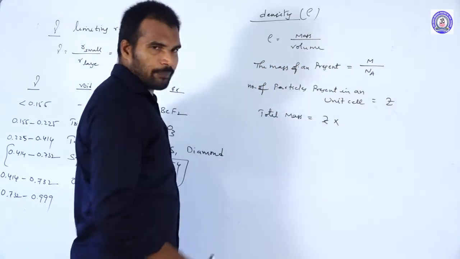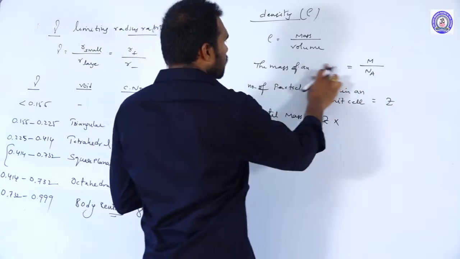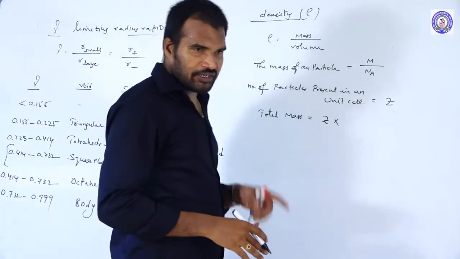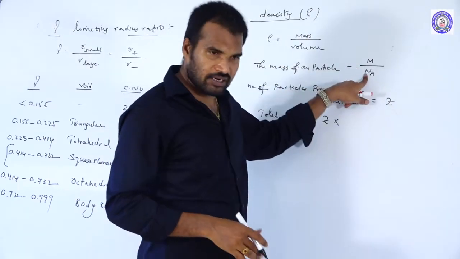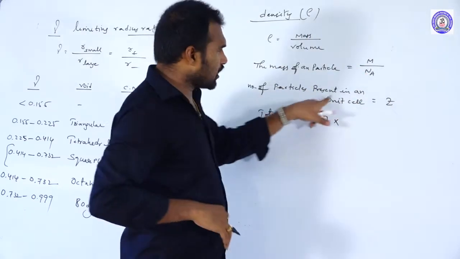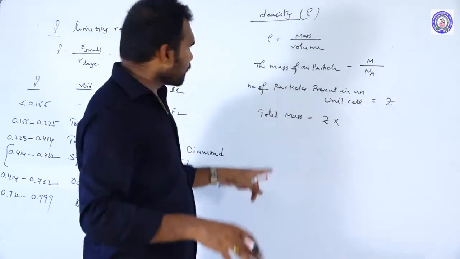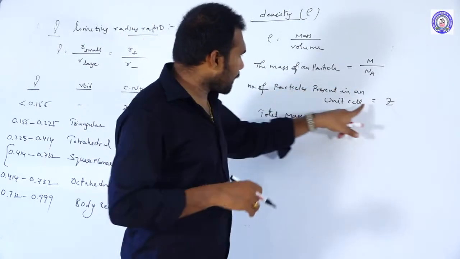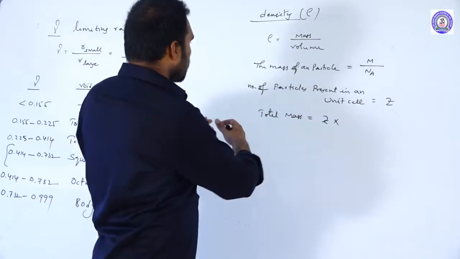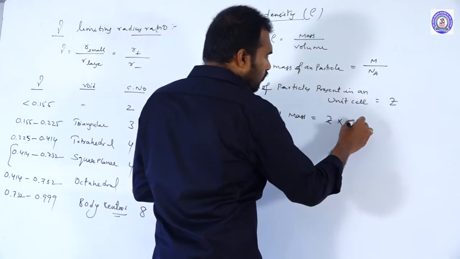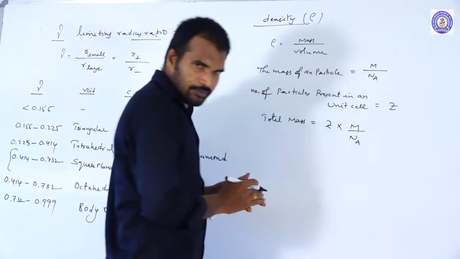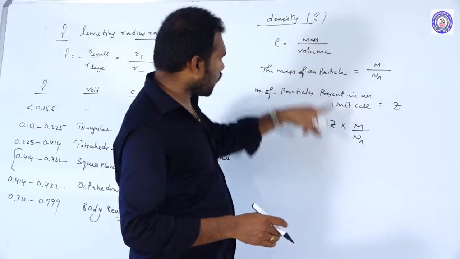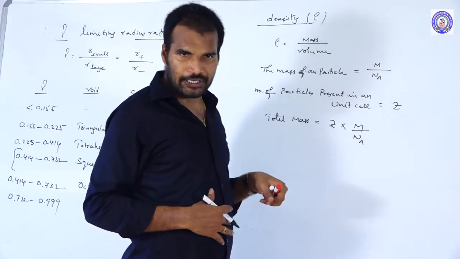The mass of a particle is equal to total mass divided by Avogadro number, and number of particles present is equal to Z. So mass of each particle is m by Na. The total number of particles is equal to Z. So the total mass is equal to Z into m by Na. Clear? Understood this point? So in the place of m, what you can write? Z into m by Na.